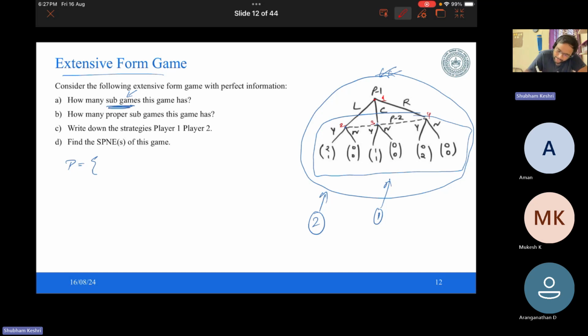For player 1, the information set will be only 1, because this is the point at which he's making a decision, and there is only one point in that. Now for player 2, one information set will contain 3 nodes, 2, 3, 4. And when such things happen, we cannot label this as a subgame. Therefore, 1 is not a subgame, only 2 is a subgame.